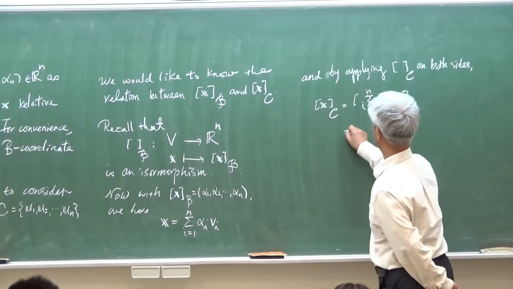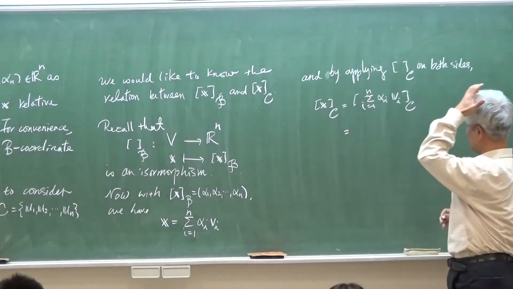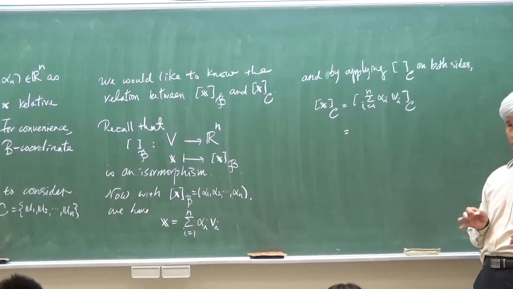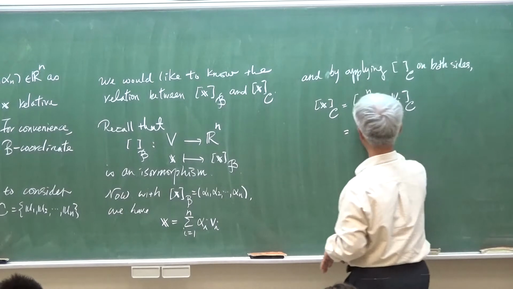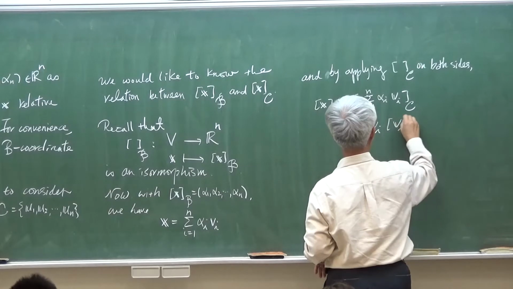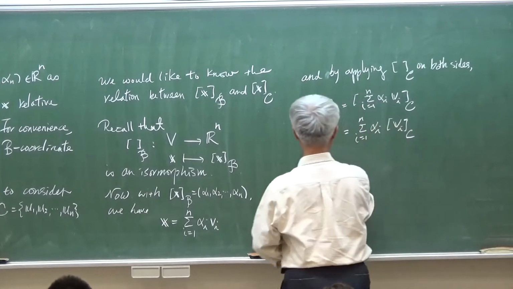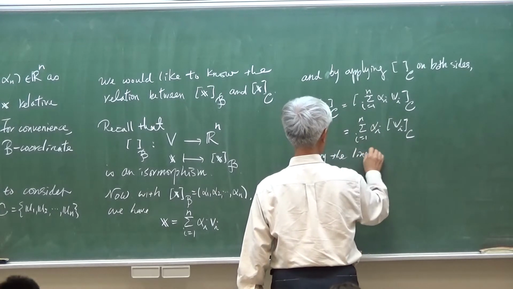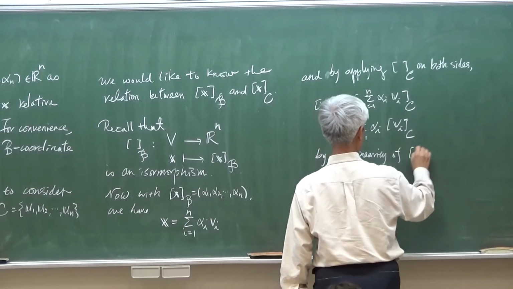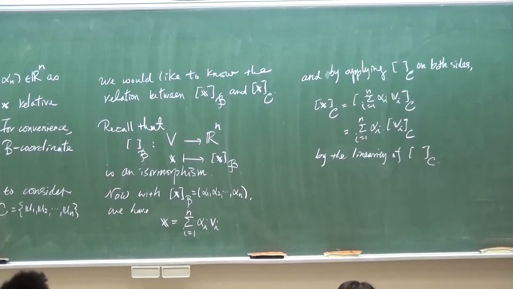And because taking the C coordinate is a linear transformation, so by linearity of this transformation. Okay, any questions up here?